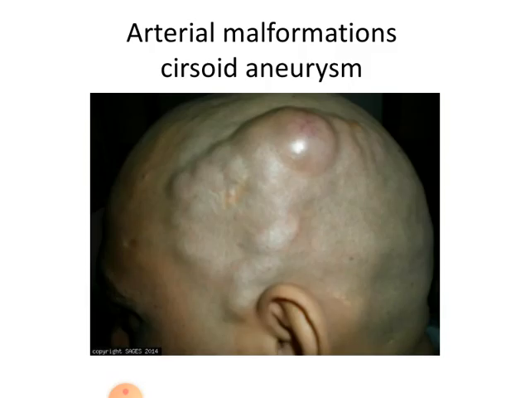Arterial malformation is dilated arteries, like in the superficial temporal artery, leading to cirsoid aneurysm: a dilated compressible artery like a snake, with pulsations at the temporal region, the skull bone eroded, and severe headache in these patients. The treatment is ligation of the feeding vessel or embolization. These are the arterial malformations.